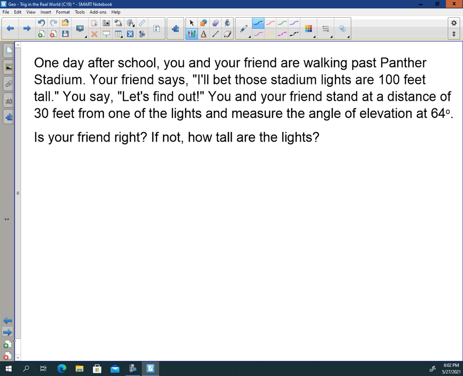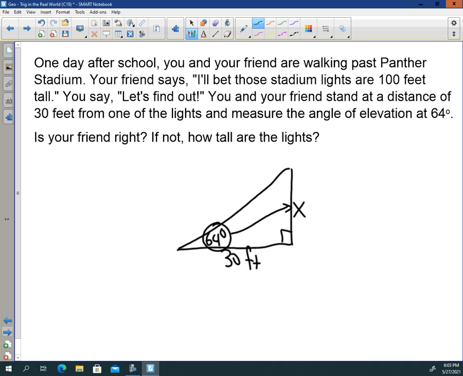So here's our stadium light. And here's us standing 100, no, not 100 feet, distance of 30 feet away. And we're looking up at an angle of elevation of 64 degrees. There's our right angle, and we're trying to figure out how tall are the lights. So here's our theta. Across from theta is the opposite.